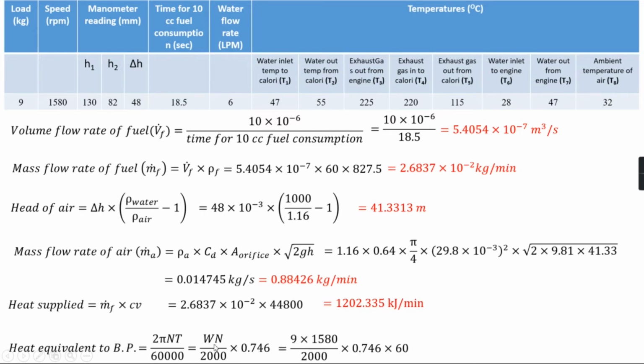So I am putting directly the value of W, that is 9 kg, into the speed of the engine, divided by 2000 into 0.746, into 60 to make it kilojoule per minute. So I'll get 318.2 kilojoule per minute of heat which is converted into brake power.